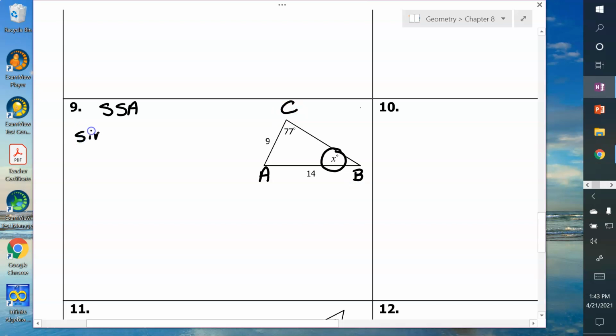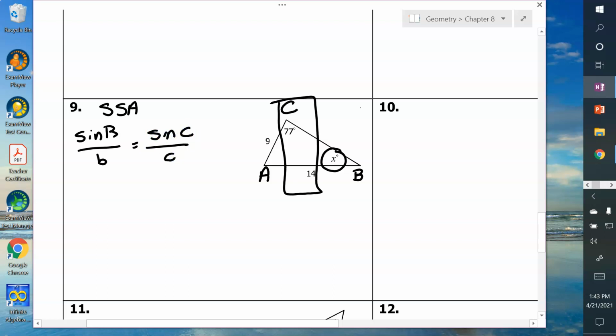So I'm going to put sine of B over here, and that's going to be over little b. And then my given side angle pair right here is C, so I'm going to say that is sine C over little c.